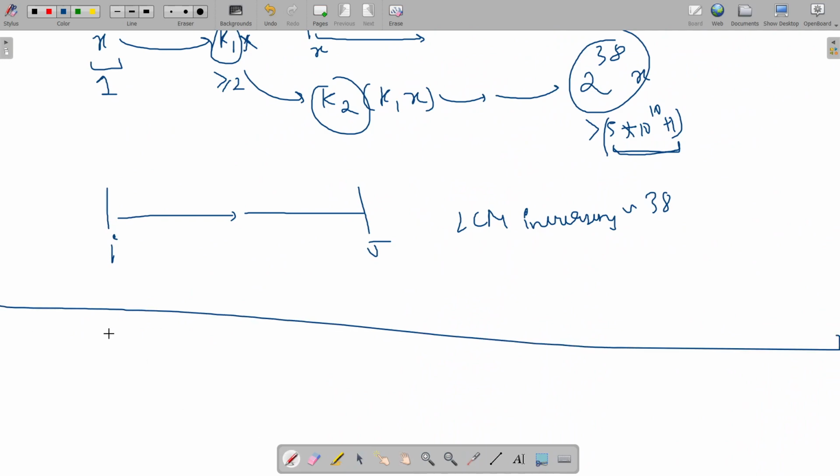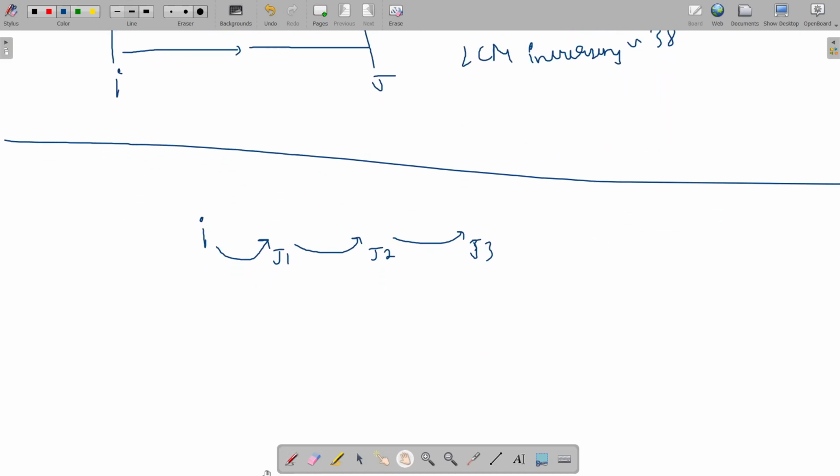So the problem reduces to this, okay? For each I, you need to find out all the J's, J1, then J2, then J3, such that at these points, at these J1, J2, J3, the LCM changes.